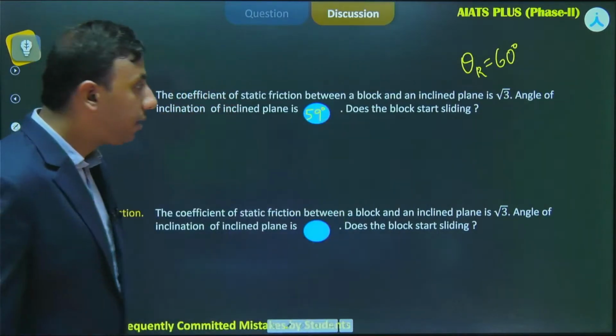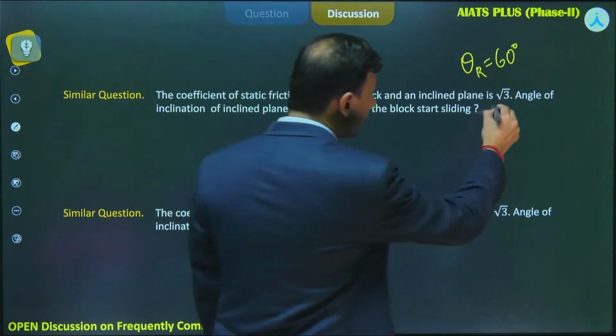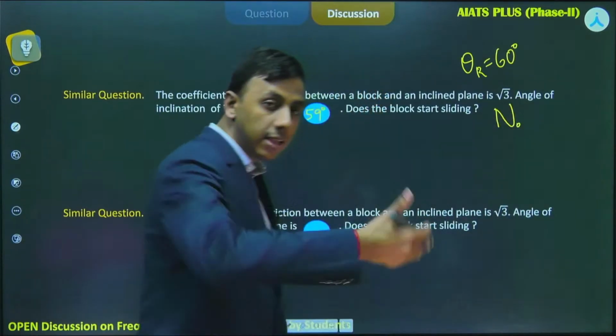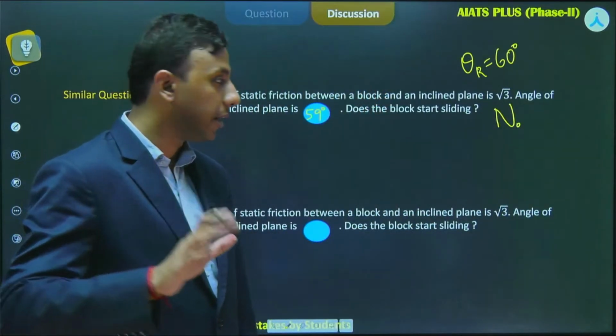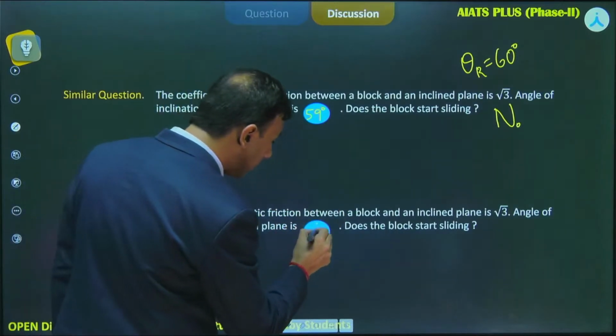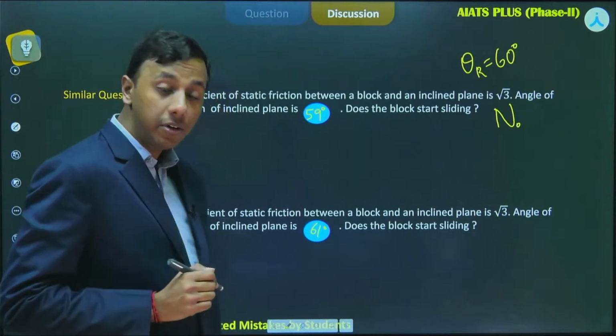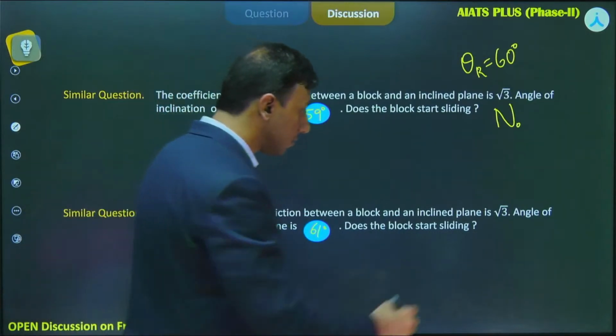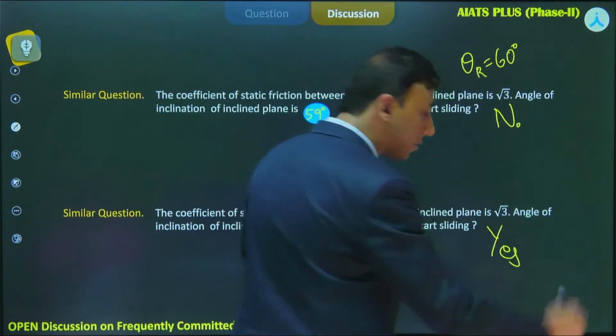Will the block start sliding? No. If it is less than the angle of repose, it won't start sliding. Now let's say the angle of inclination is 61 degrees. Then will it start sliding? Yes, it will.